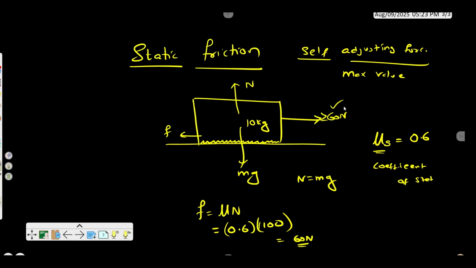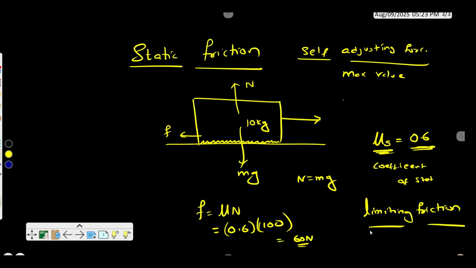This 60 Newton, which we got when we multiplied the static friction coefficient and the normal reaction, is called limiting friction. If the applied force is more than limiting friction, the body is going to move forward. If not, no. I hope you understood this.